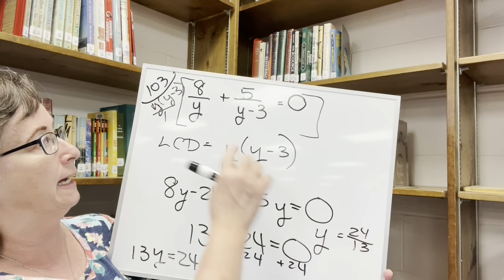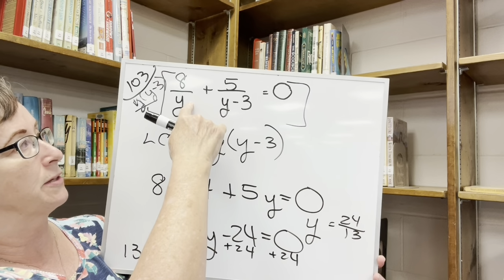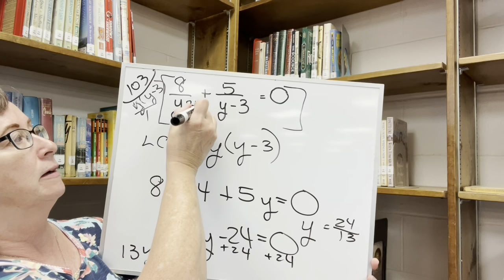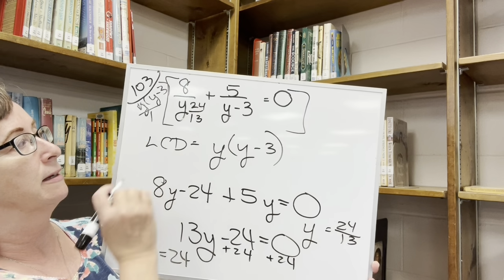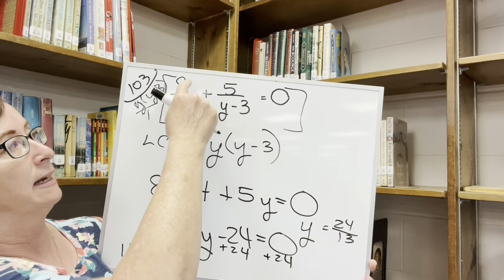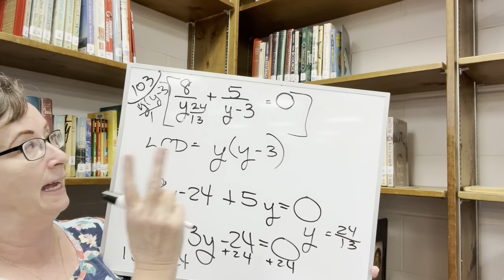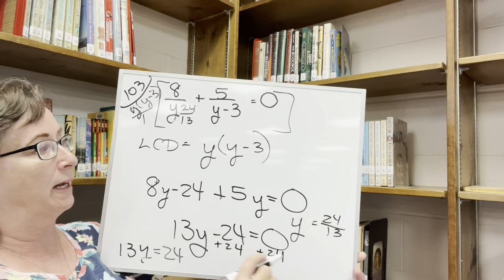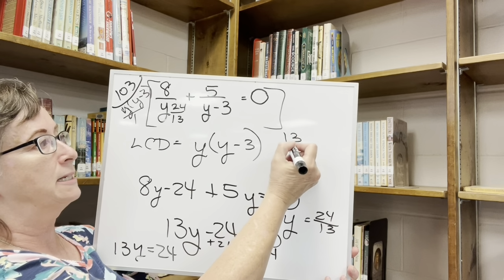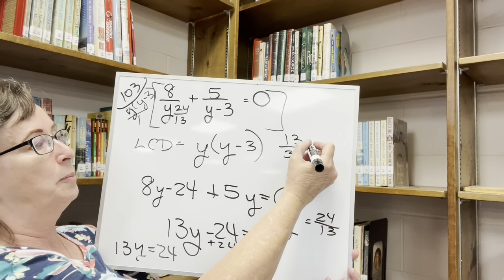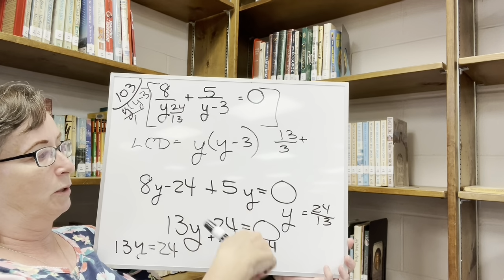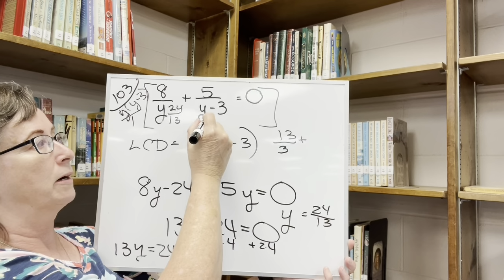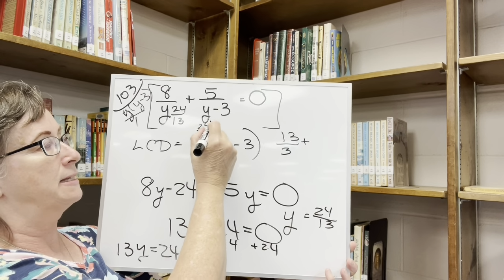and you can verify that if you plug in 24/13 on the bottom, then the 8 and the 24 are going to cancel with the 3 on the bottom, and the 13 is going to swing upstairs. So we're going to get 13/3 plus, now we're going to put 24/13 down here, 24/13 minus.